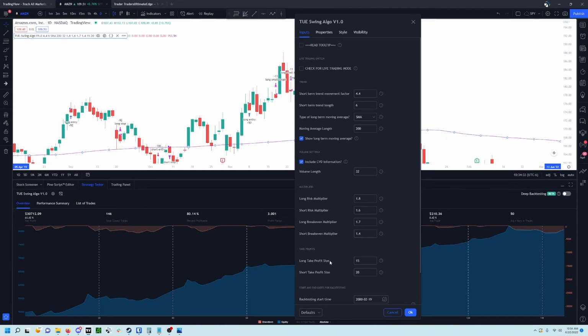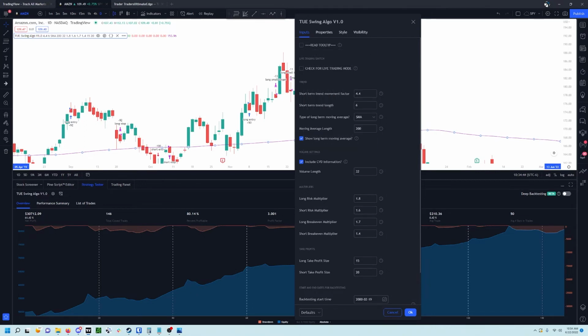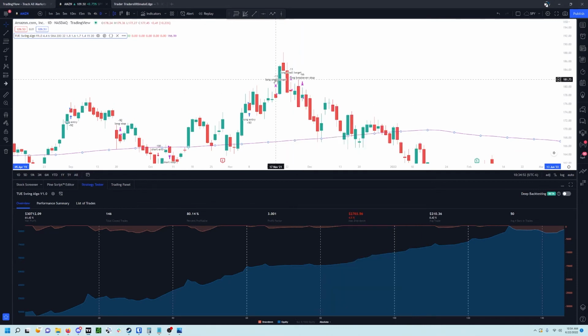All right, and lastly, the take profit size. You can see here under the tooltips, number 5 is the break-even multipliers, and then number 6 is the take profit size. What this controls is the percentage of the position that gets closed every time it gives a small take profit. You're going to notice here, small take profit, it says long small target.